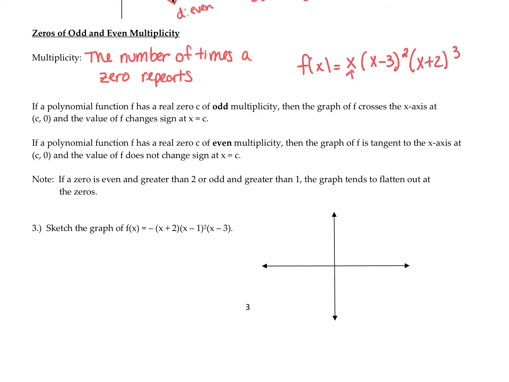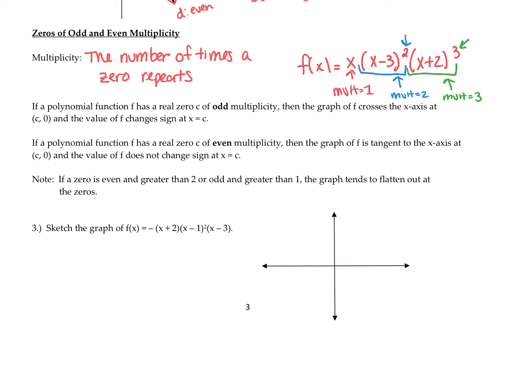This guy, his multiplicity would be 1, because it's a first degree, it repeats once. This guy's multiplicity would be 2, again because of this second degree. And this last guy, as you can guess, his multiplicity would be 3 because of the 3.